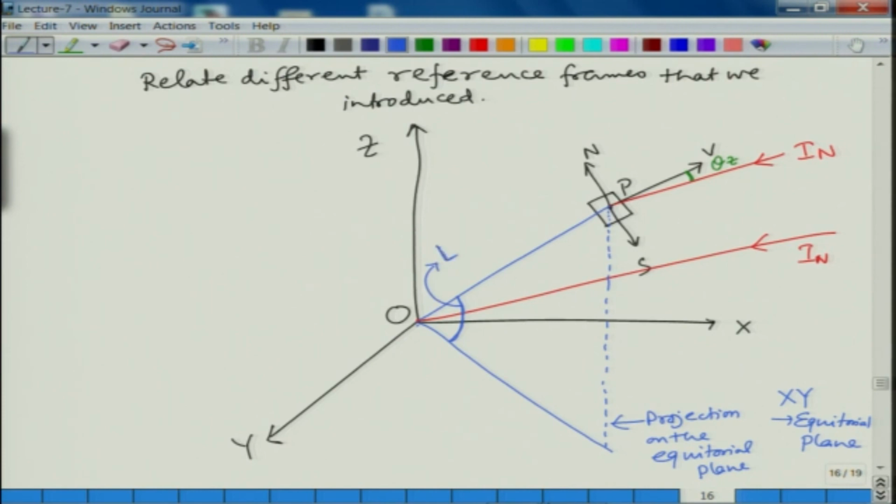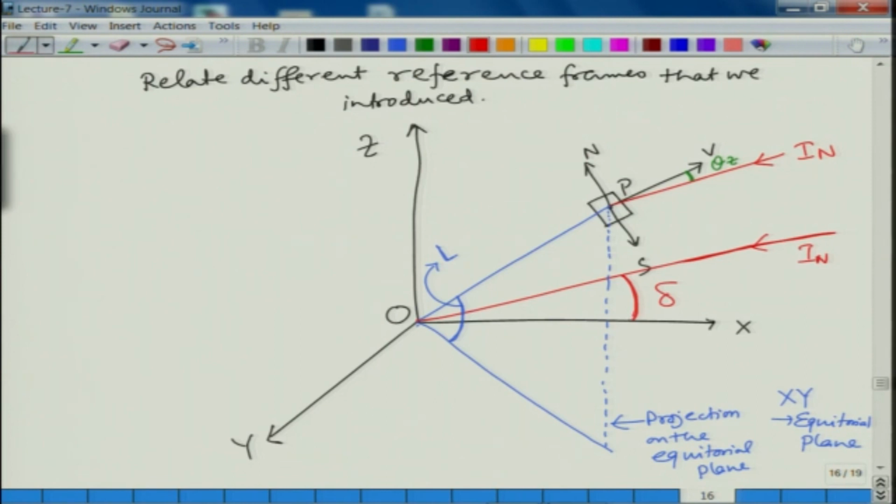Okay. And this particular angle, another one which you can say that this IN, this particular solar radiation direction that is making with the equatorial plane, this angle will be your declination angle, right, delta. Okay.